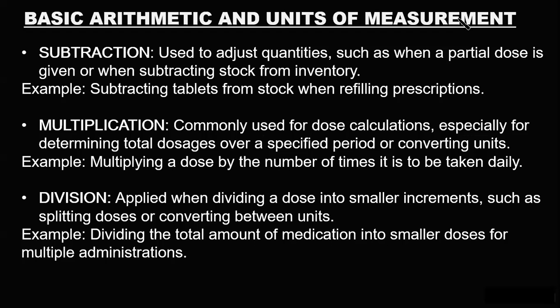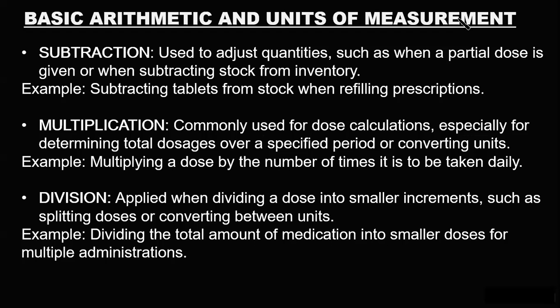Let's say you have a 1,000 milligrams tablet of a medication. But the doctor prescribed only 250 milligrams per dose. You as the pharmacist or the pharmacy technician have the container with 1,000 mg tablets of that particular medication.